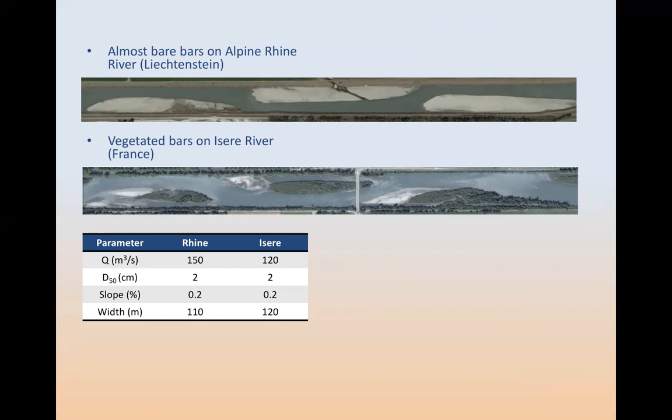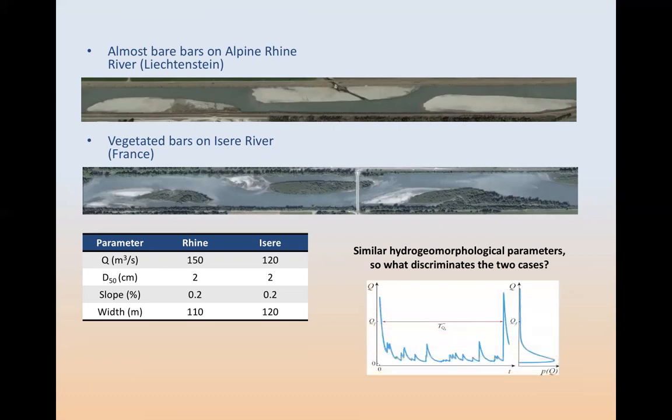So there is an open issue in the community of people working on rivers. Why is one vegetated and the other one not? And our answer was that it depends on the hydrology, in particular on the periodicity of the discharges, in particular on the coefficient of variation of the discharges.